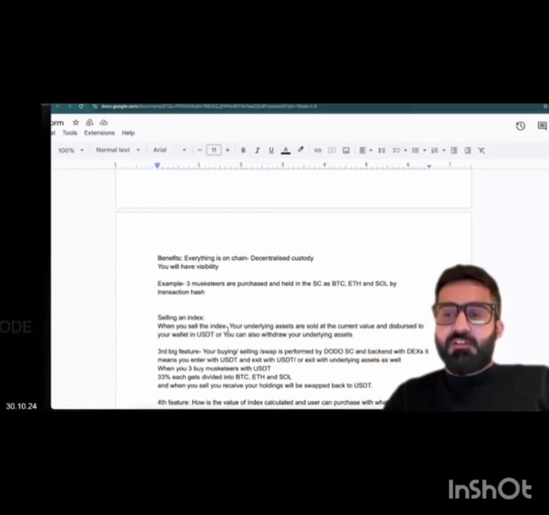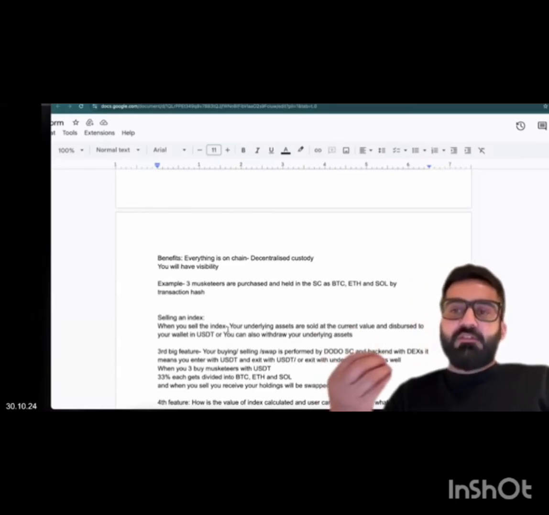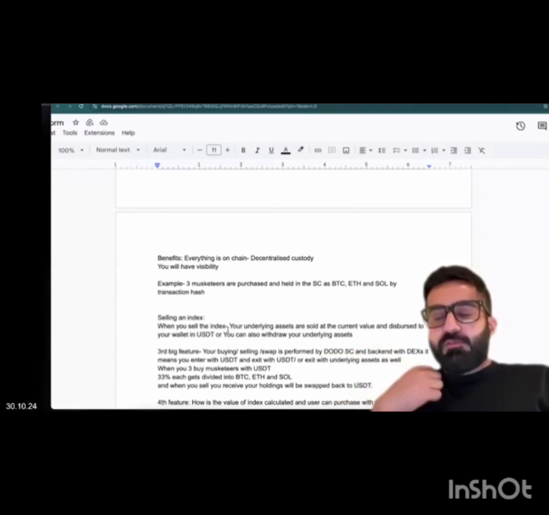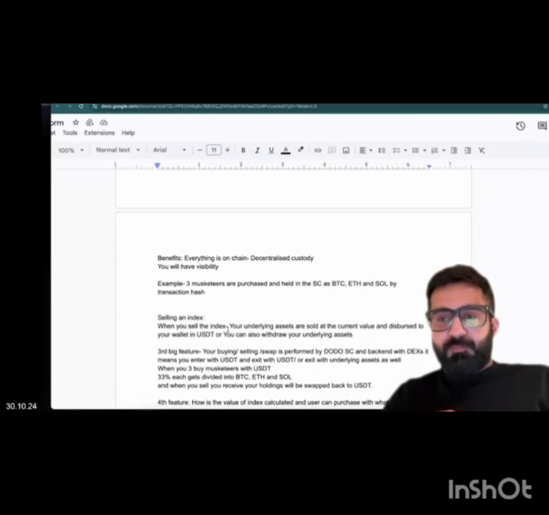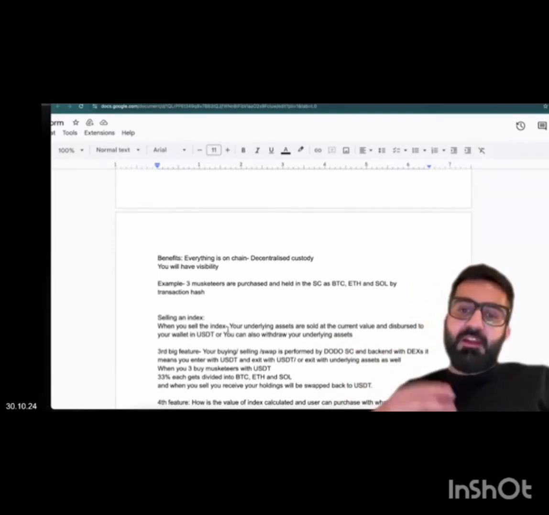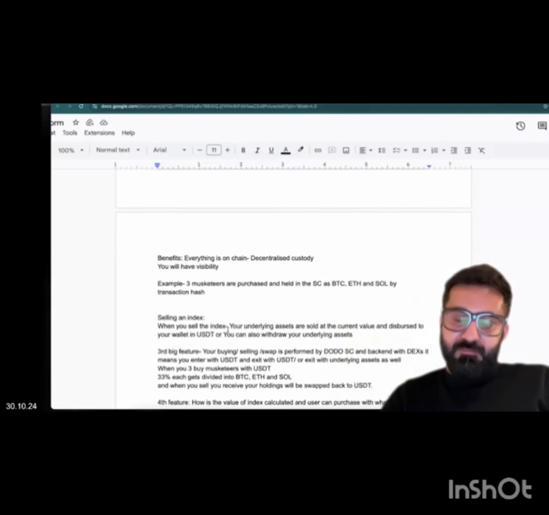Now it has grown $1,000 in a couple of days. So you want to now liquidate it. You can sell it at 11,000 USDT and you can withdraw USDT ERC20. Or you can also withdraw Bitcoin, Ethereum, and Solana to a Bitcoin address, Ethereum address, and Solana address. It's a decentralized platform, so you can do both.